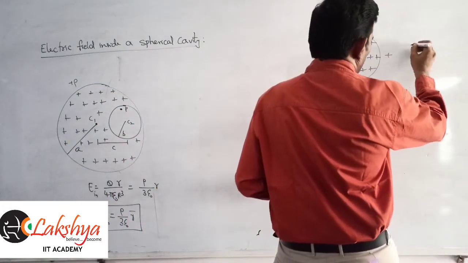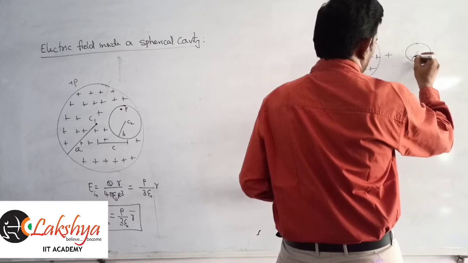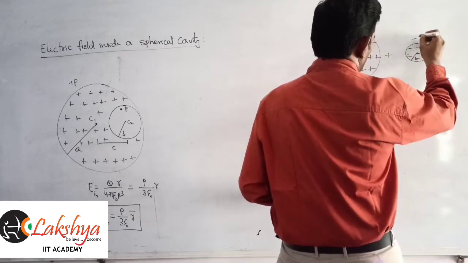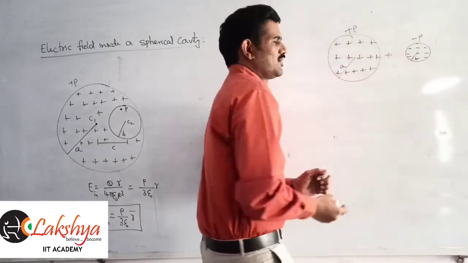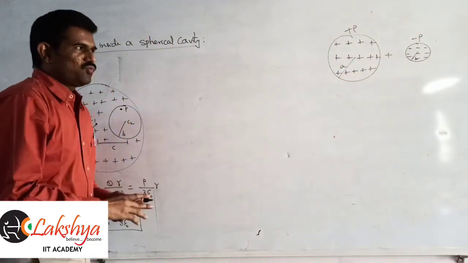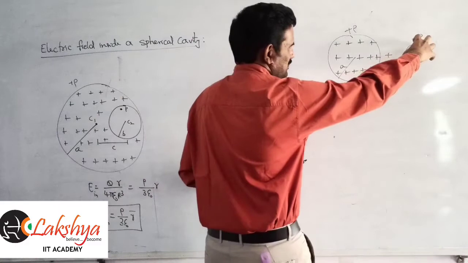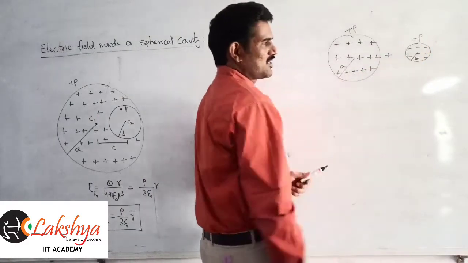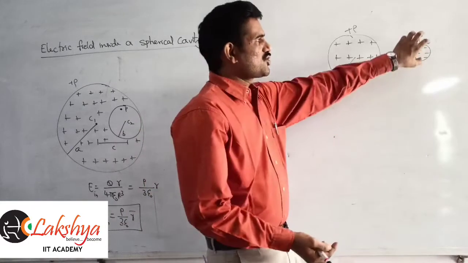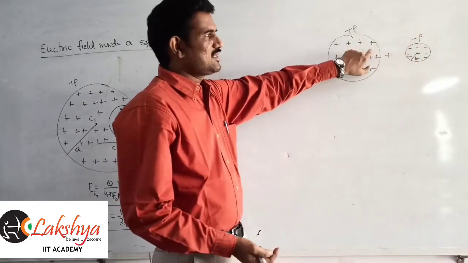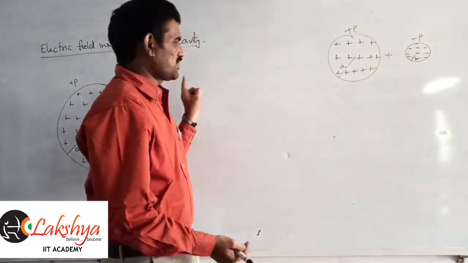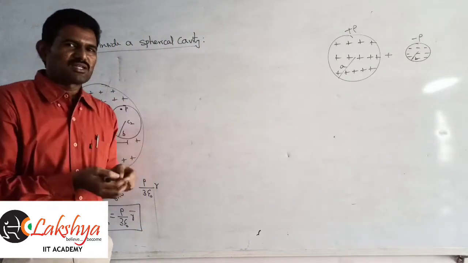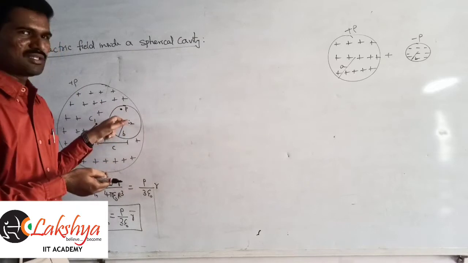Suppose this is a sphere of radius b having charge density minus rho. So this is plus rho and this is minus rho. We assume that the sphere of radius b having charge density minus rho is placed in this region.